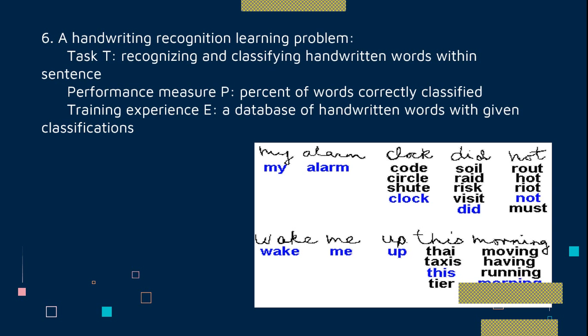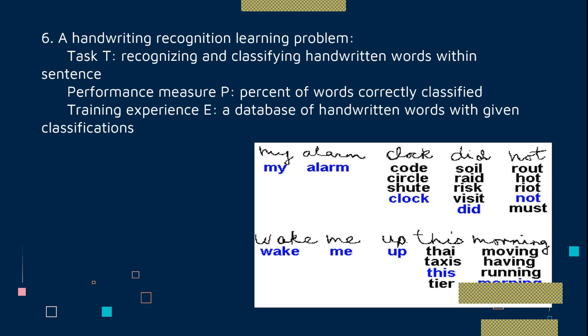After recognizing the word, you have to classify that word properly. You can see there is clock, did, not, this, morning. The system is not so well trained for these words, so it roughly classifies: clock may be a cod, a circle, a shirt, a clock.